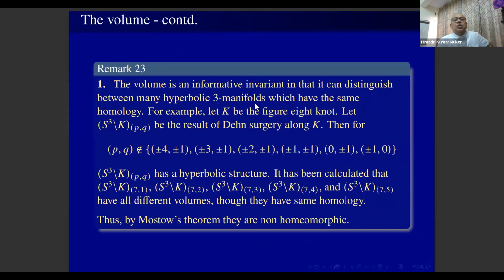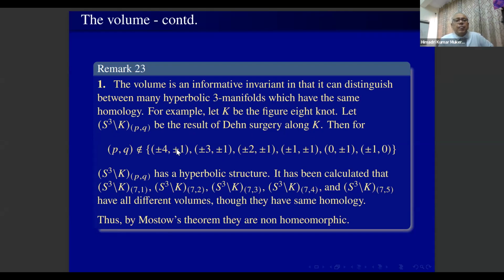Now the volume is an informative invariant in that it can distinguish between hyperbolic three manifolds which have the same homology. Homology may be the same, but their volume may be different. So that will distinguish. For example, let K be the figure 8 knot. Let S3 minus K be the result of Dehn surgery along this figure 8 knot.